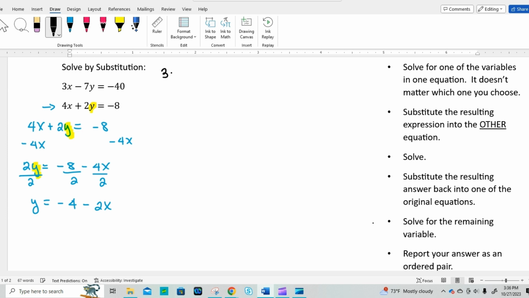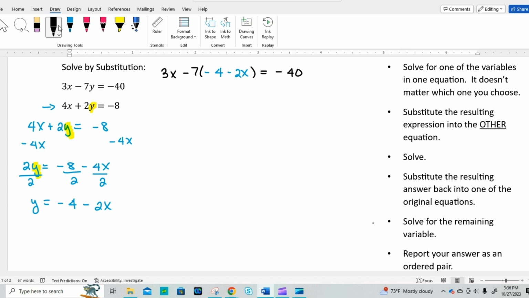So I have 3x minus 7, set up my parentheses, is equal to negative 40. And now I'll put that expression into the parentheses. So I have negative 4 minus 2x.